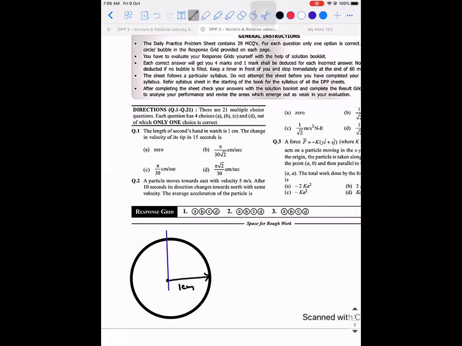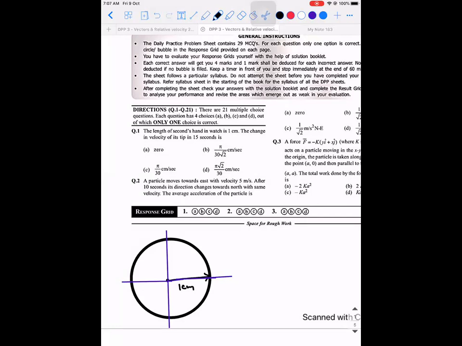Clockwise direction. Clockwise is okay, but I want the proper vector direction. Tangential. Yes.